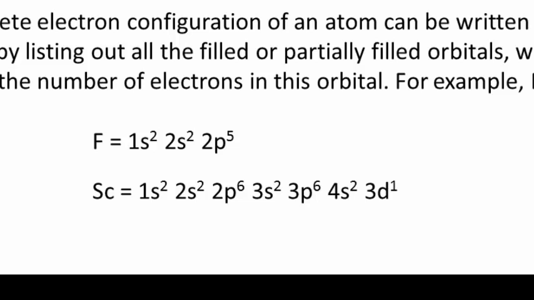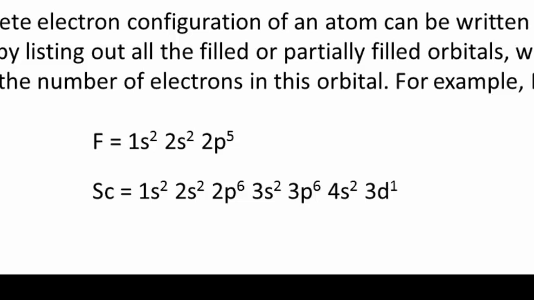Fluorine has 2 electrons in the 1s orbital, 2 electrons in the 2s, and 5 electrons in the 2p. So we would say it's 1s2, 2s2, 2p5. Scandium, likewise, is 1s2, 2s2, 2p6. That is completely filled rows 1 and 2.